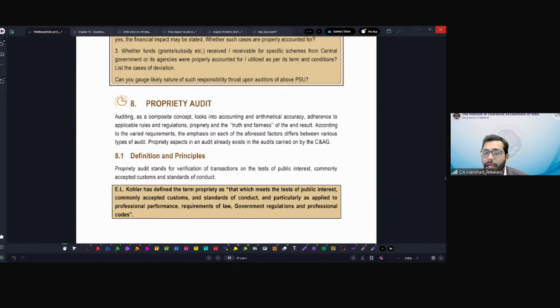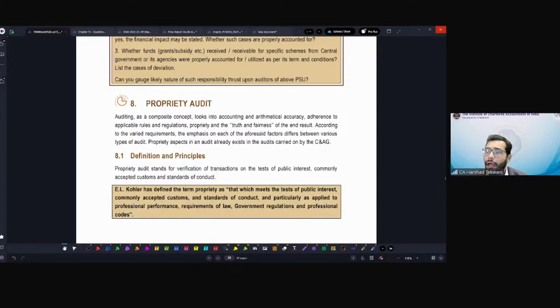Similarly, in the proprietary audit, we focus more on scenarios where we examine the appropriateness of the fundings or expenditure. For example, whether this expenditure was actually supposed to be done. I'll give you a hypothetical example.